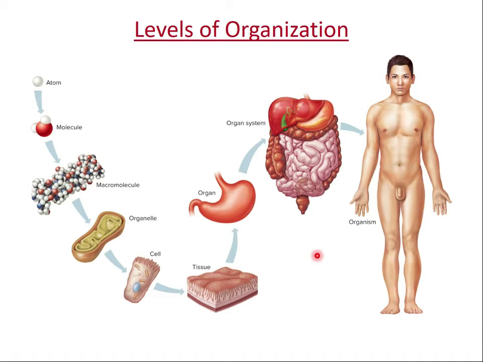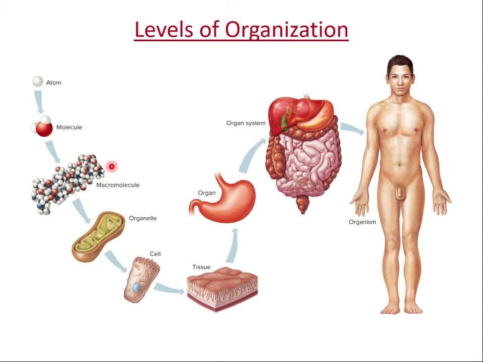When it comes to our body, when it comes to the different organ systems, this is just a reminder, an overview of how these parts are formed, how it's broken up. The smallest particle in our body is going to be the atom. Atoms come together to form molecules.